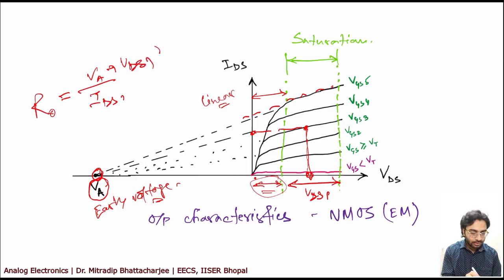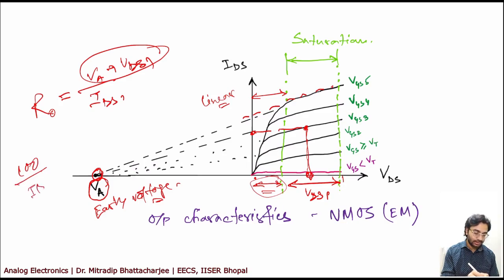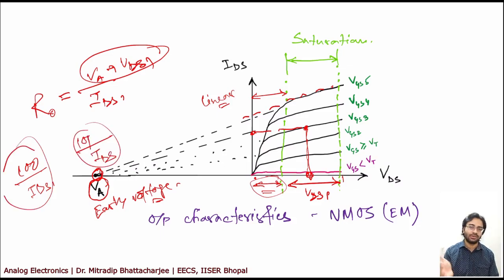However, it doesn't really matter because your VDD value will be 3 volt, 5 volt, so your VDS1 will be say 1 volt, 1.5 volt, 2 volt, but your VA is very high, say 100 volt. So 100 divided by whatever is IDS1, and 100 plus 1 divided by IDS1, more or less it won't make a difference.